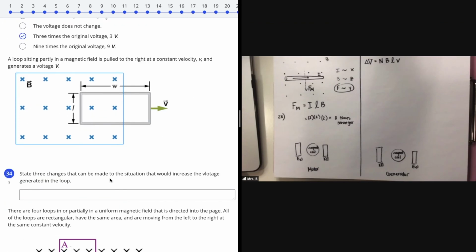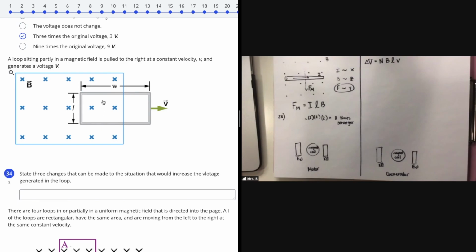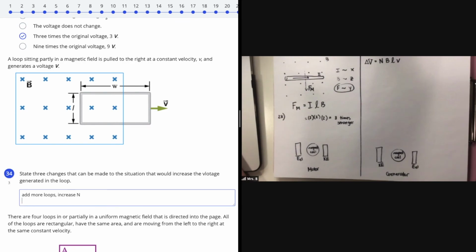So here's an example of where I can use the NBLV equation. I can use NBLV when I have a coil that's entering or exiting the field. This coil is leaving the field. And so how I can increase the voltage is I could add more loops. That would increase N. I could make a stronger magnetic field.